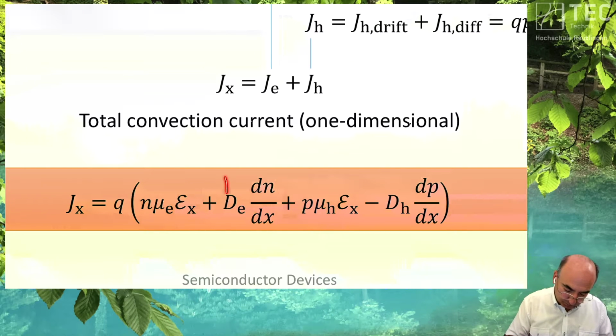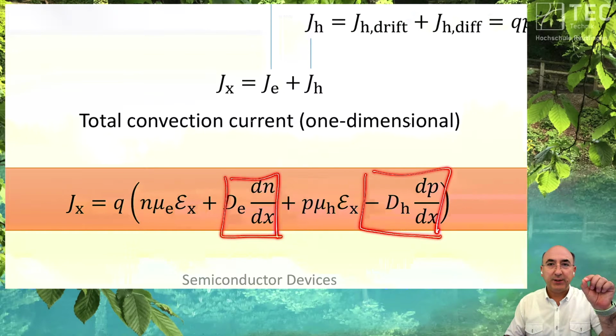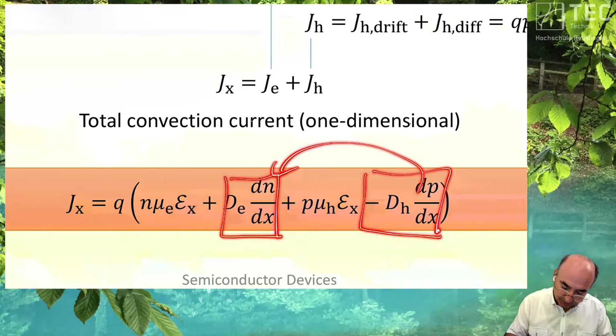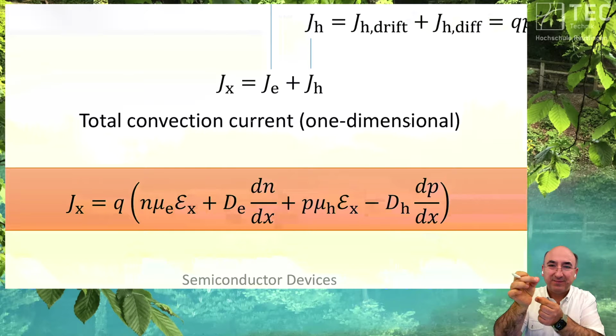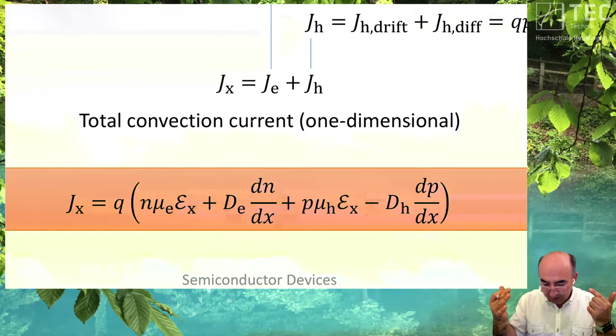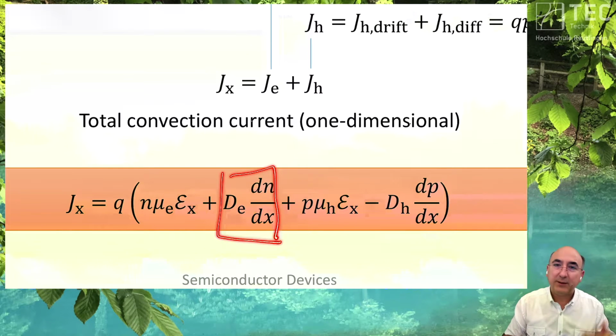The diffusion: if you have more electrons here than there, and more holes here than there, then they are counteracting. Because if the holes move here and the electrons move there, you have no current. They are neutral. That's the thinking behind. So this gradient has nothing to do itself with the current.